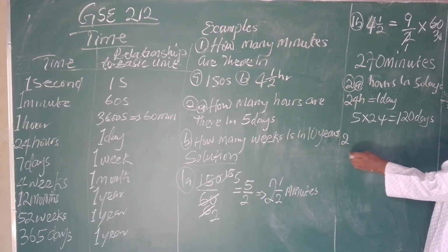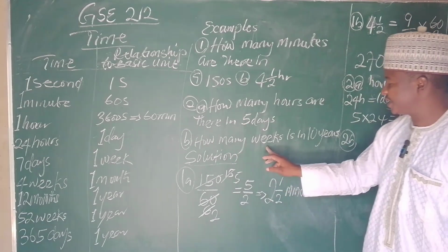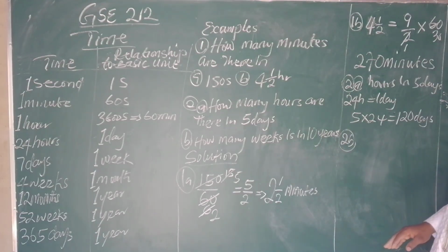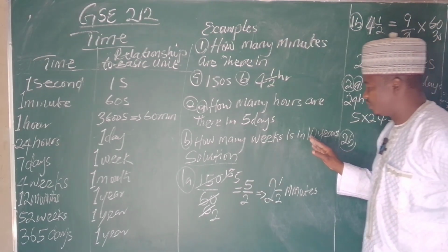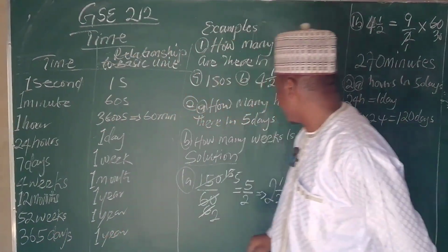Then 2B says how many weeks are there in 10 years? We just have to go back to the table. 52 weeks make 1 year.